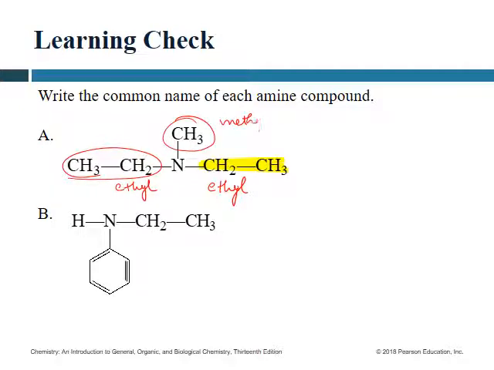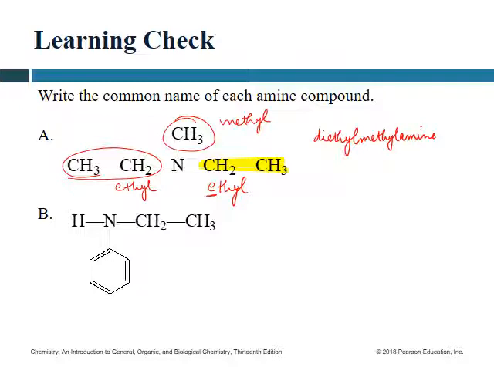So which comes first? Alphabetical order. So ethyl comes first, right? And it is diethyl. Remember, this di doesn't matter towards alphabetical order. So it is diethylmethylamine.